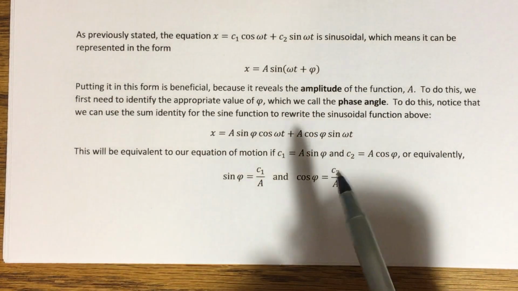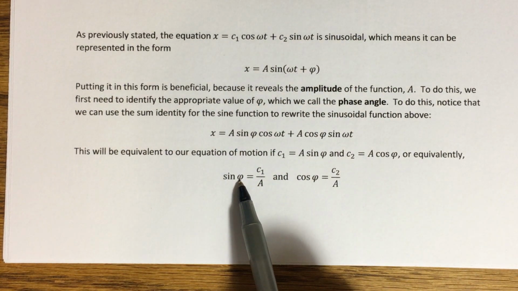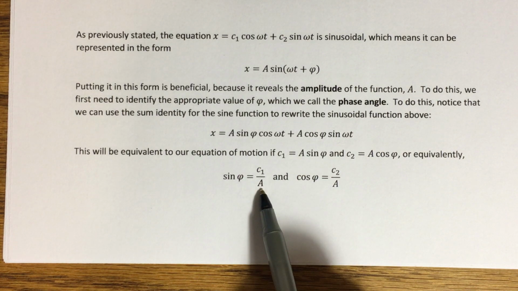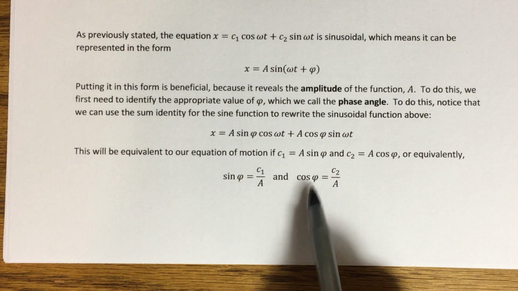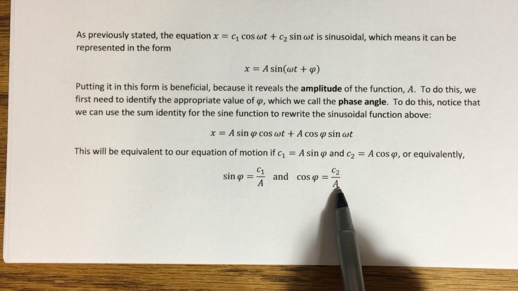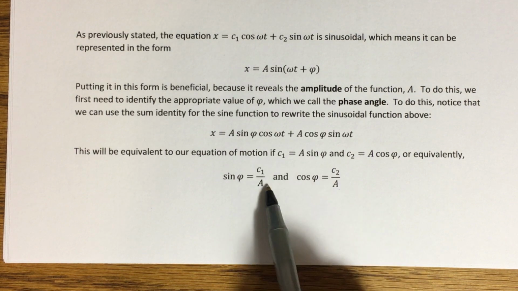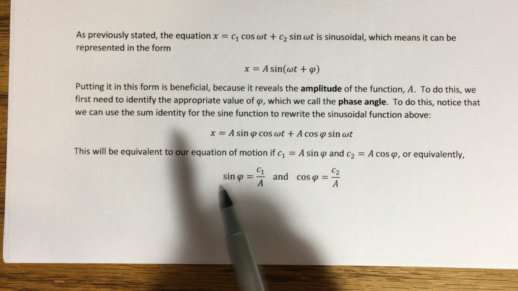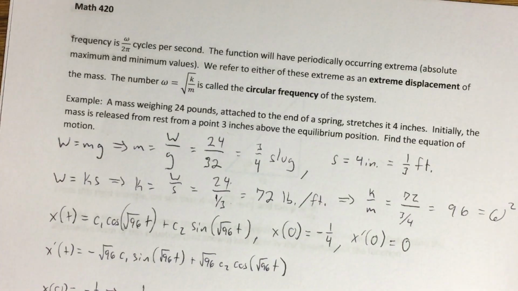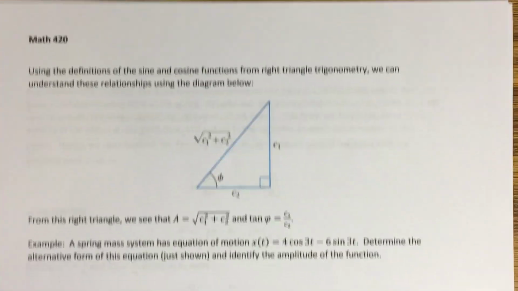Think of right triangle trigonometry. How do we define the sine of an angle? It's opposite over hypotenuse. How do we define the cosine of an angle? Adjacent over hypotenuse. And notice we have the same hypotenuse occurring in both of these. So these all belong to the same right triangle, which I've represented here.